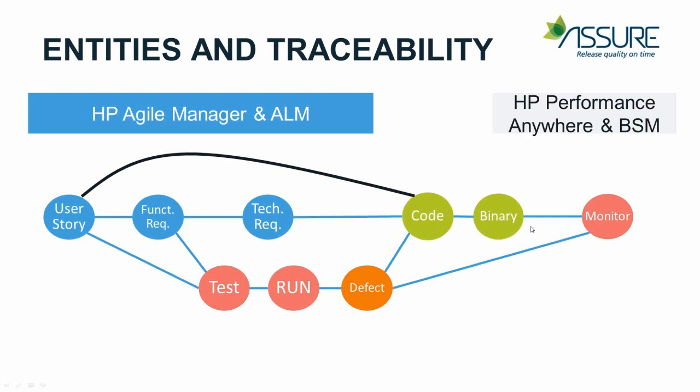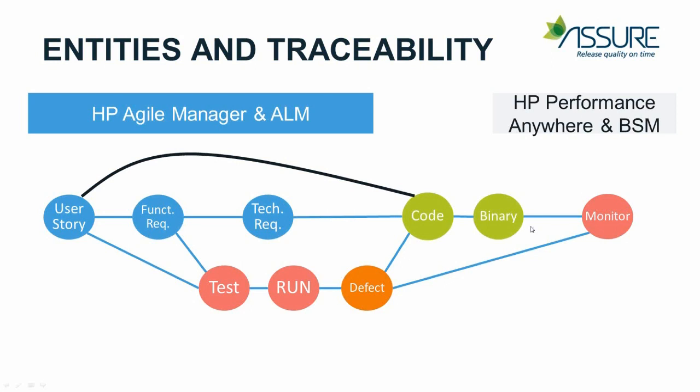For example, we have user stories, which you see on the left side, coming from HP Agile Manager, and you have to accommodate that as well. Obviously binaries are not stored in ALM either. So how do you accommodate traceability between all of the entities? We first started by looking at the ALM native reporting capabilities, and it was working relatively well for a period of time.